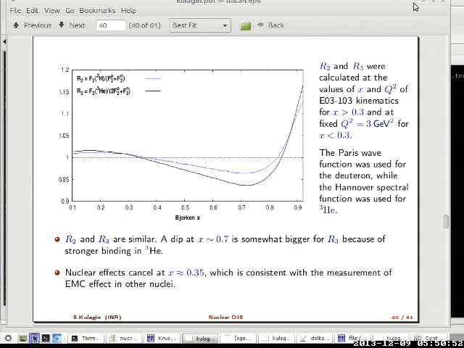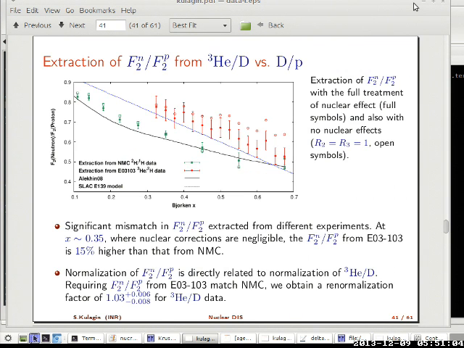They also confirm that the nuclear effects cancel in the region between 0.3 and 0.4. So we may use this observation to compare N/P ratios extracted from different experiments. And we found that actually those ratios are quite different. There is about 15% difference between the ratios coming from the JLab experiment at the red points and the ratios extracted from the NMC experiment.